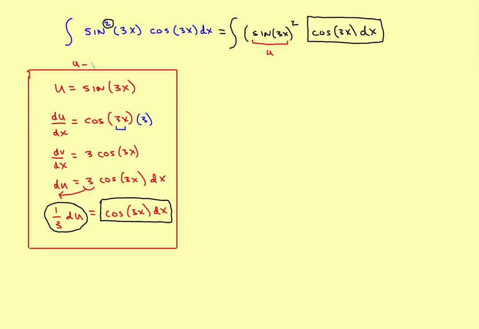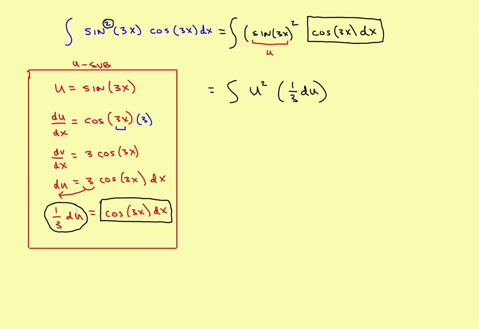So there is the U-substitution. Now what that does to the problem is this. u is equal to the sine of 3x, so this entire thing just turns into a u, and I wind up with the integral of u squared times 1/3 du. So replace this with what it's equal to.